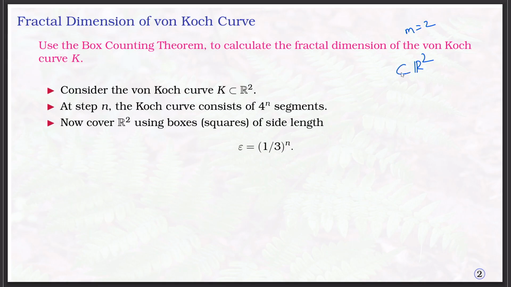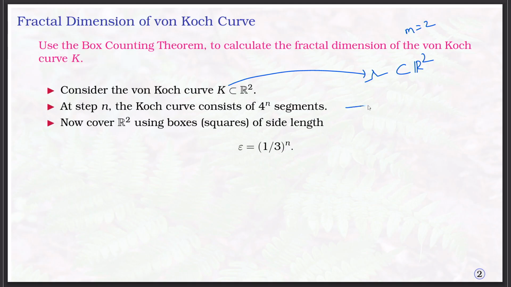At step n, the Van Koch curve consists of 4 power n line segments, each of length 1 by 3 power n. Let me recall how we constructed the Van Koch curve.